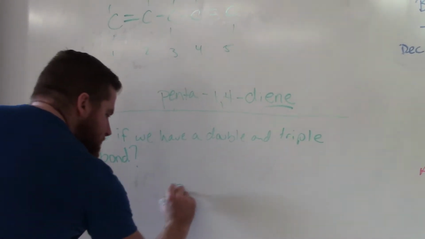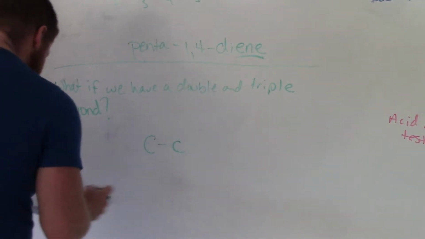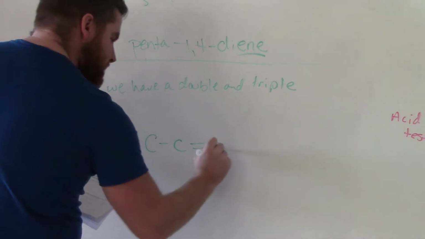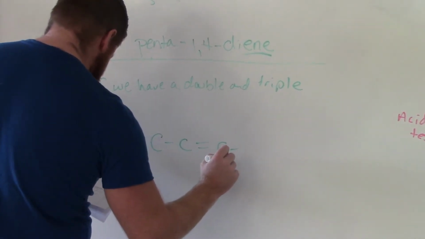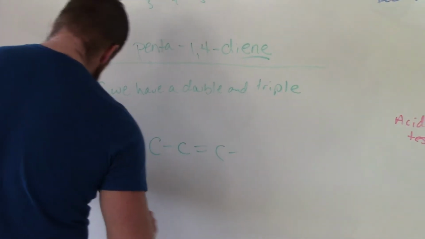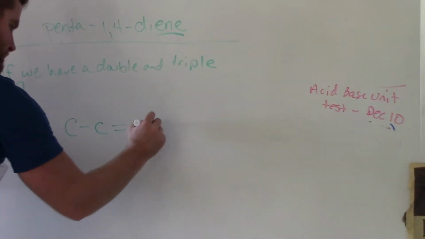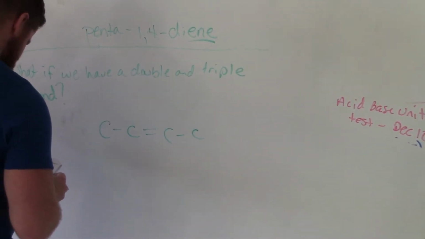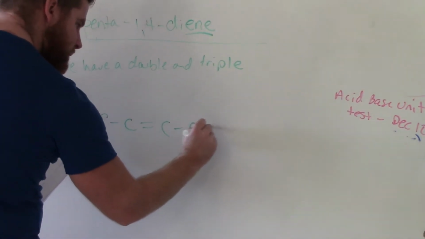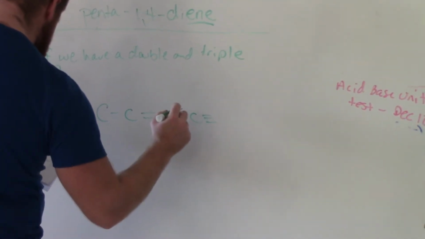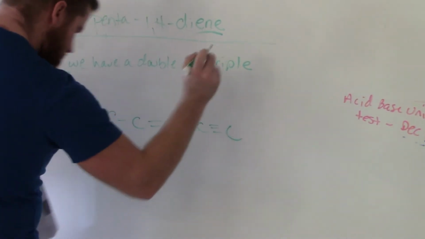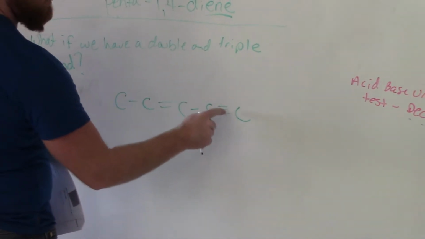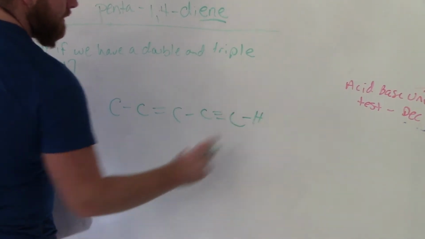So this is C double bond C triple bond C. Okay, so I have 1, 2, 3 bonds attached to this carbon.